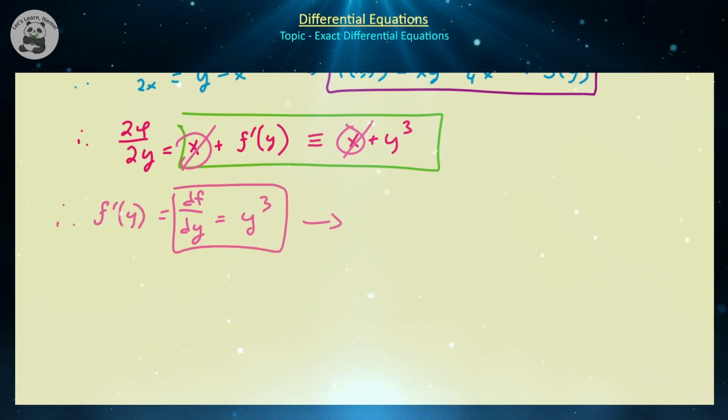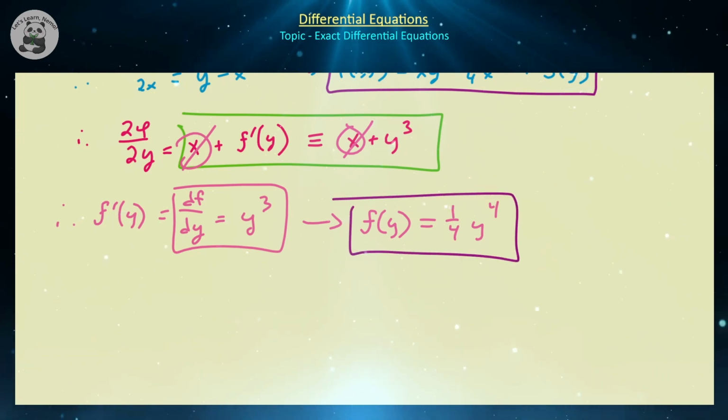If we integrate both sides with respect to y, we're going to have that f of y, which is just a single variable function of y, is equal to 1/4 y to the power of 4. You could put your c there, but we're just going to combine it with the arbitrary constant c at the end anyway, so I'm just going to leave it off for now.